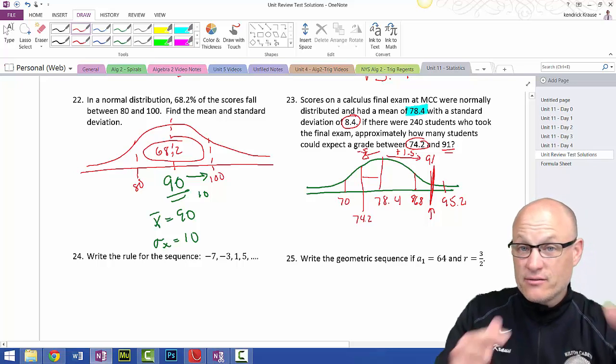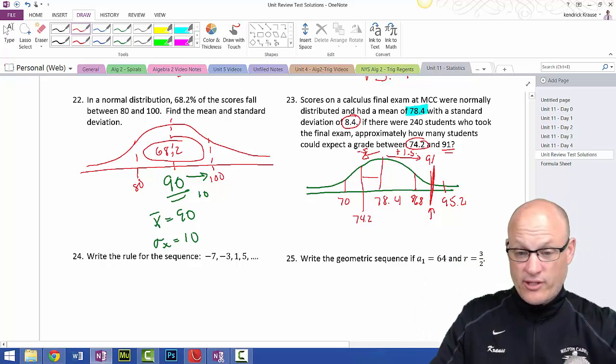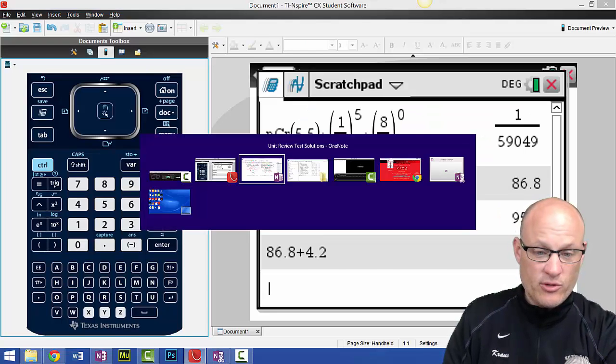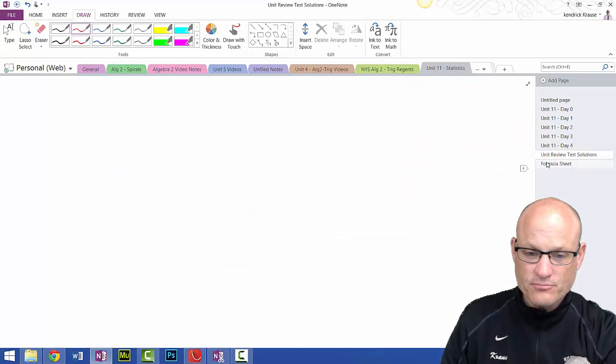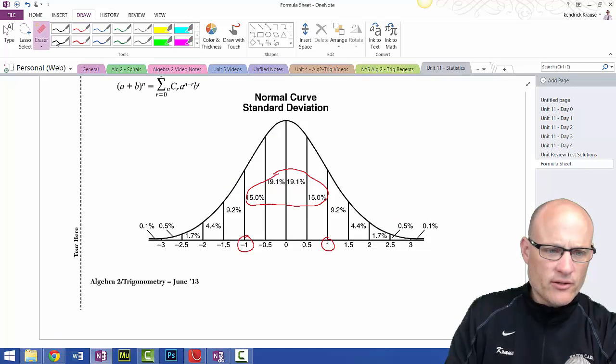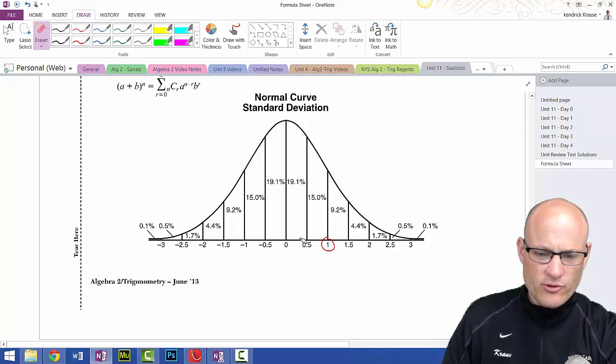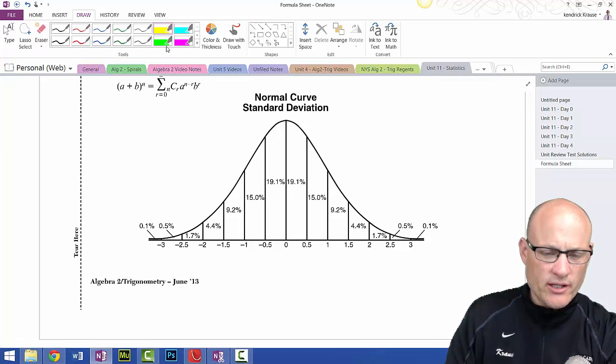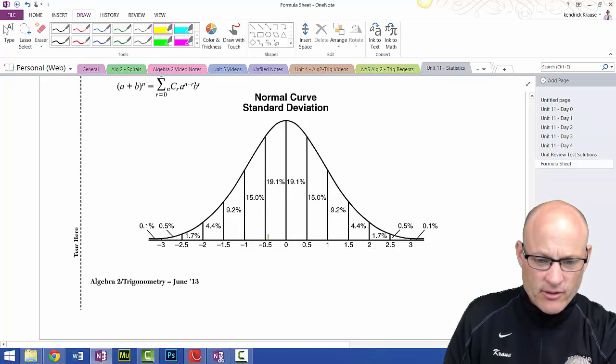Now that's not from the middle going out 2 standard deviations. Let's see what we're going to shade in over here. Let me get rid of all this. Let's figure out what we're going to shade in. So we're going to shade in a half down. That's all this. Then we're going 1.5 standard deviations up.